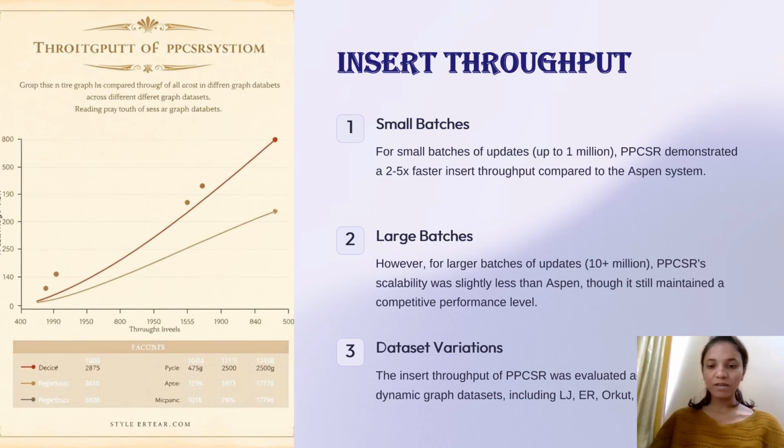However, for larger batches of updates, that is 10 plus million, PPCSR's scalability was slightly less than Aspen, though it still maintained a competitive performance level. The last is dataset variations. The insert throughput of PPCSR was evaluated across a variety of dynamic graph datasets, including LJ, ER, ORKUT, and RMAT.